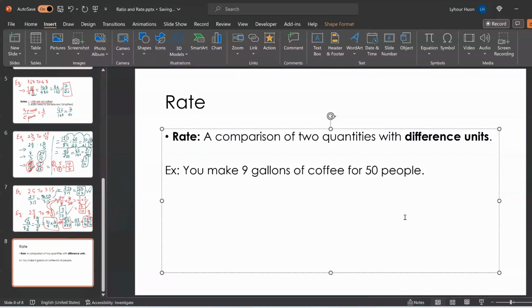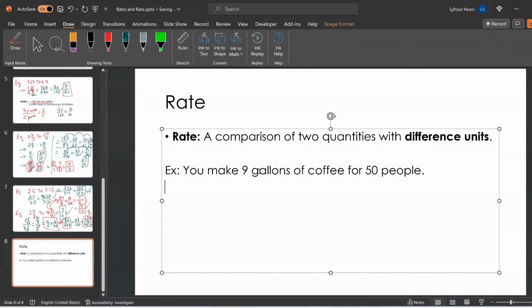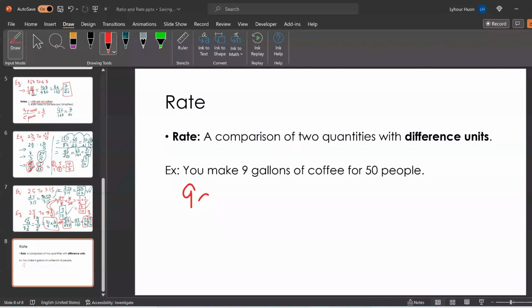You make 9 gallons of coffee for 50 people. Is it 9 gallons colon 50 people? Yes, 9 gallons colon 50 people.